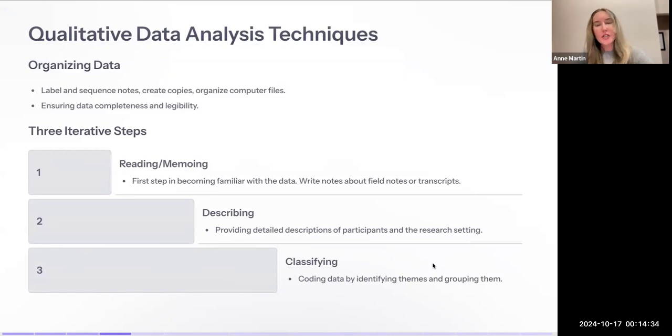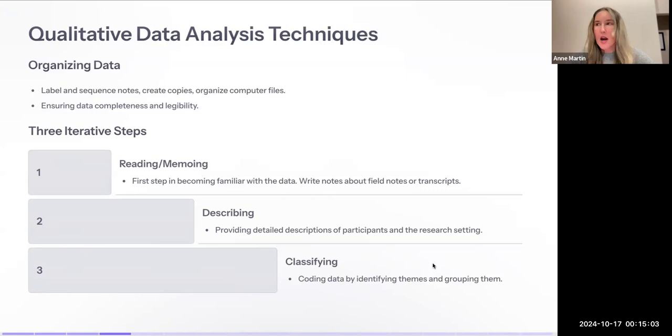And so as you're doing this, you can jot down any field notes or analytic memos, like I mentioned, that you come up with. And even a memo, you can make a voice recording, you can pull out your phone, you can do a voice recording for your memo. It doesn't have to necessarily be written, it could be a video. Qualitative researchers have so many different ways that they engage in this process to record this bulk of information.